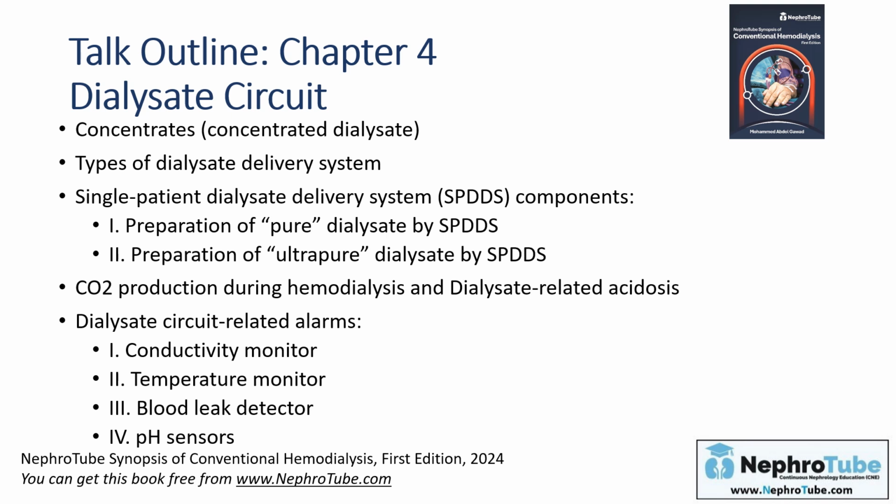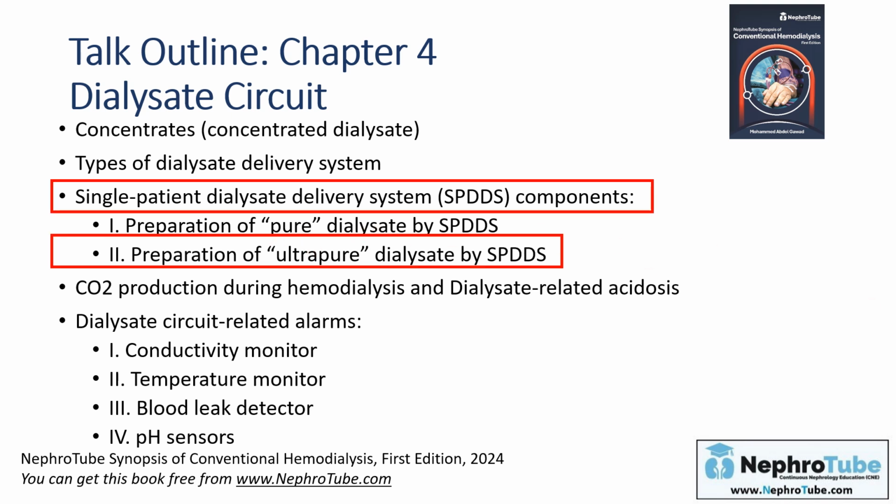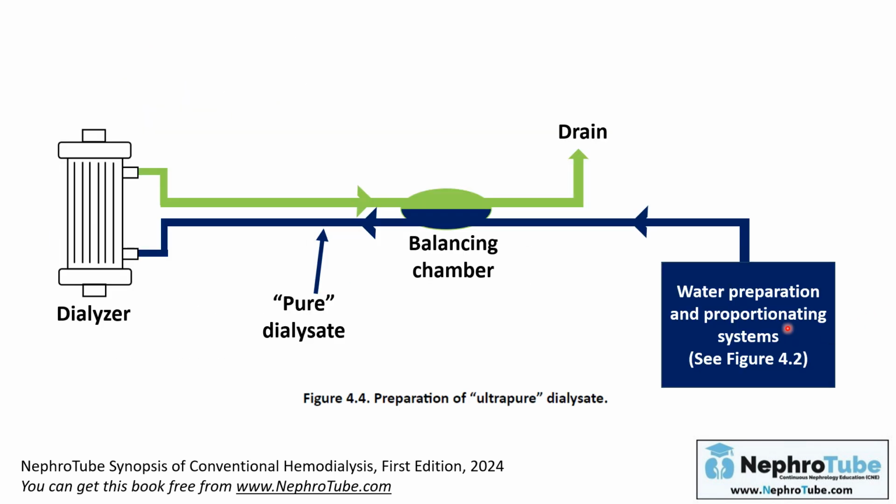So we have now prepared what is called the pure dialysate. But what about the preparation of ultra pure dialysate? The ultra pure dialysate has more purification steps than the pure dialysate. As we mentioned, this is the water preparation and purification system and balancing chamber. The pure dialysate is formed and goes through the dialyzer. How to form ultra pure dialysate?